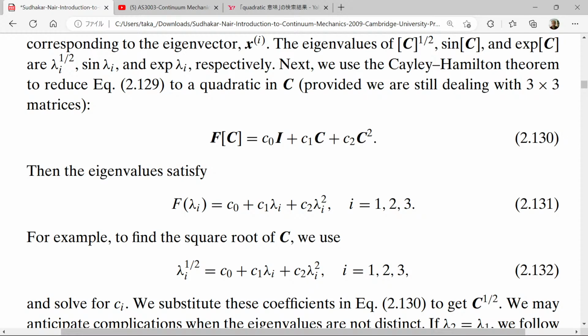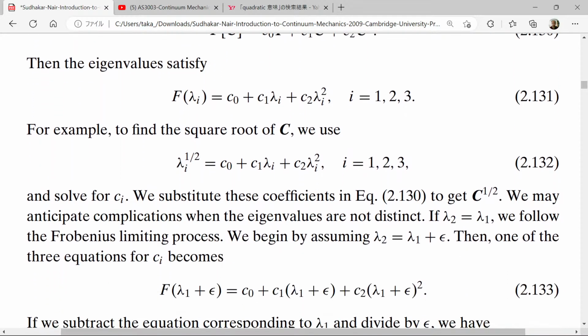For example, to find the square root of C, we use lambda i to the power 1/2 equals c0 plus c1 lambda i plus c2 lambda i squared, and solve for ci. We substitute these coefficients in equation 2.1.30 to get C to the power 1/2.